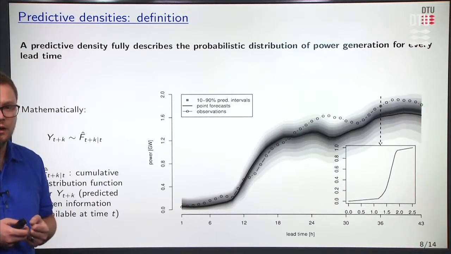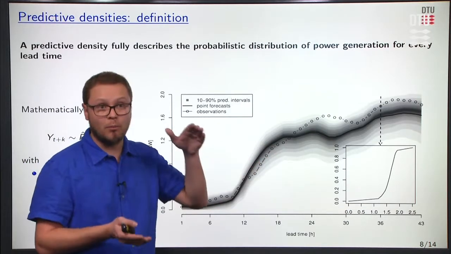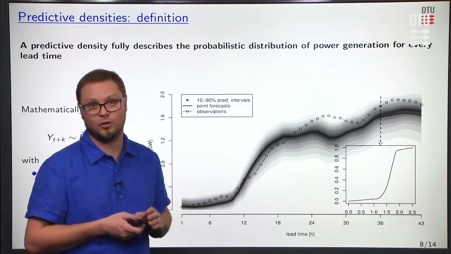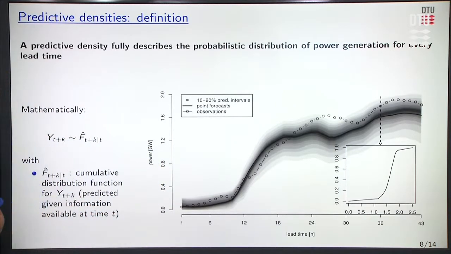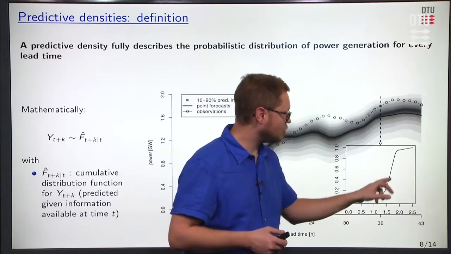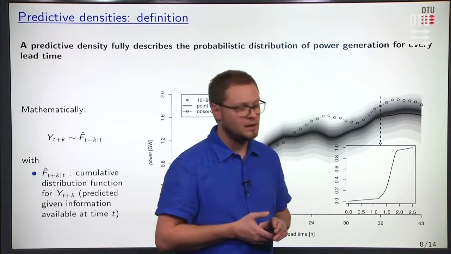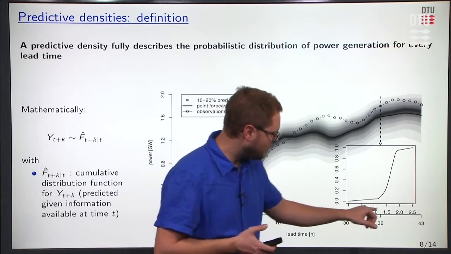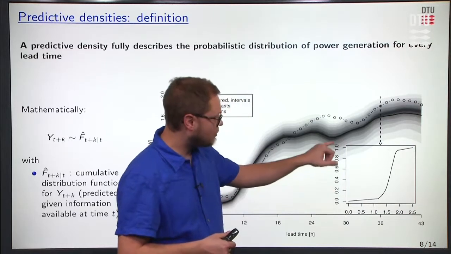If you think of it, we're actually here fully describing the random variable of interest, because all these interval forecasts that define this nice plot are composed of different quantiles with different nominal levels. If you have different quantiles with different nominal levels, you can actually take a slice and fully draw the cumulative distribution function for that random variable of interest. This is an example here where you have power in gigawatts on the x-axis, and probability here.